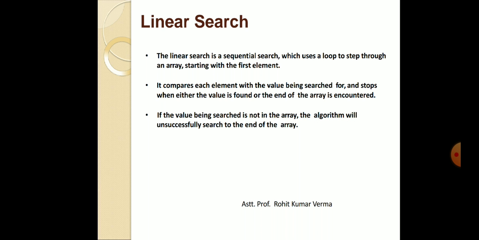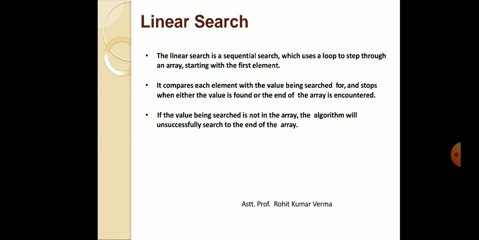So dear students, the basic idea behind linear search is that you have to find the element one by one. If you can find the element, that means you are performing a successful search. Otherwise, if you are not finding the element, then your search is unsuccessful.